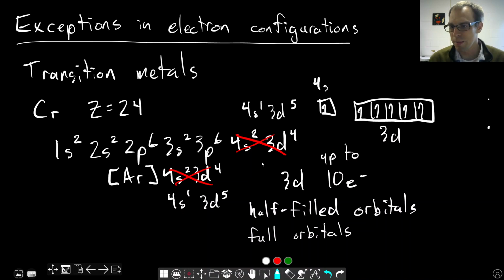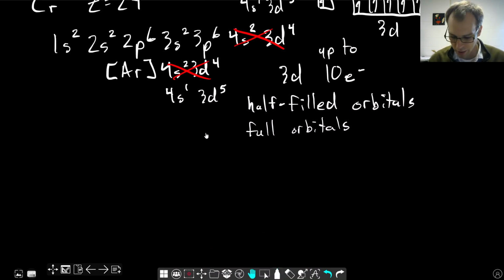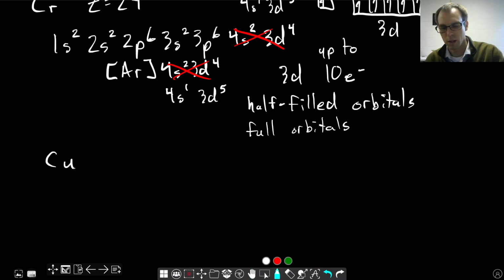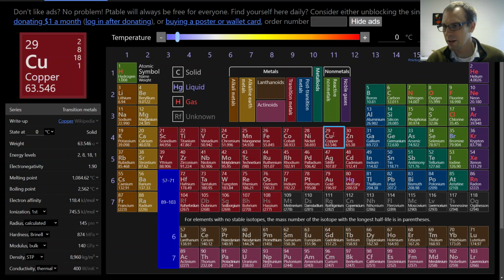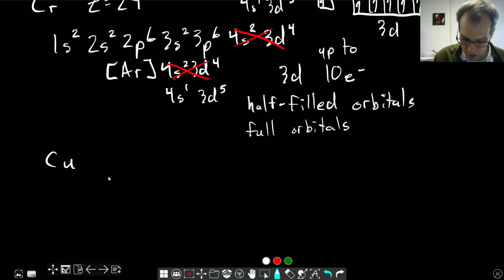Another example of an exception where full orbitals come into play is as we go further along that same row in the periodic table. We'll look at copper. Copper is over here, element number 29.